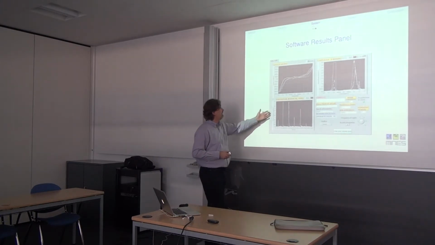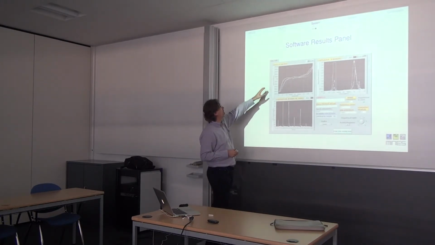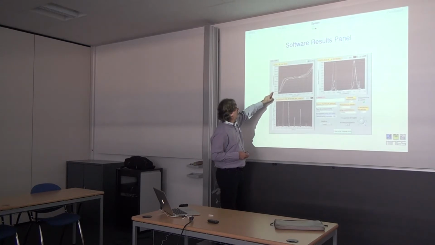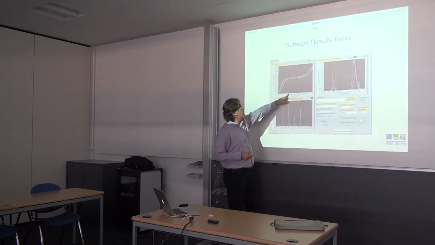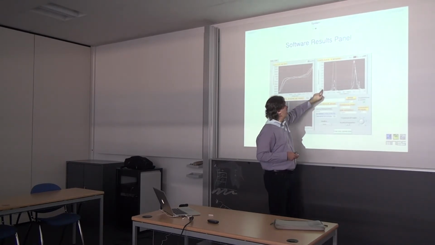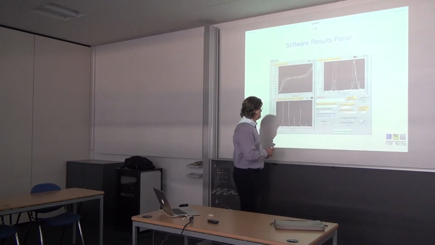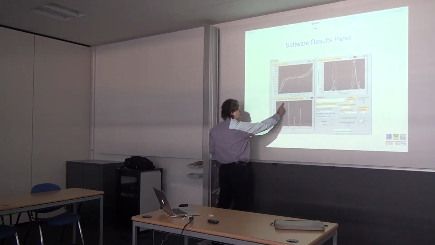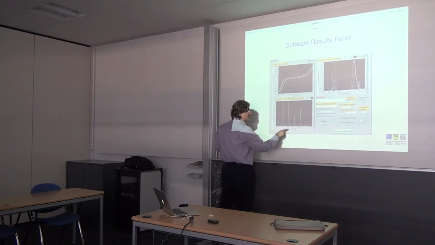And here are the results from the system. So we have the IV, so the current of the voltage. We have the measured voltage from the photomultiplier related to the applied voltage. We have the emission of light in time. This is the time.